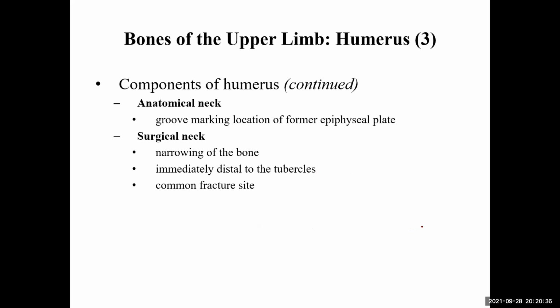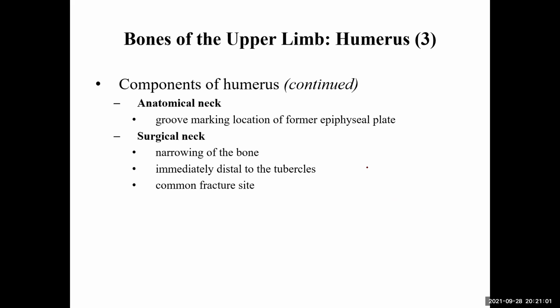Well, with our humerus, we've got 2 structures here. This is the only bone that has this phenomenon, where you have 2 necks. Usually the neck is where the head starts to narrow down into the diaphysis. So we have an anatomical neck and a surgical neck.